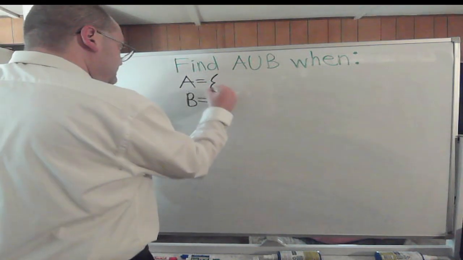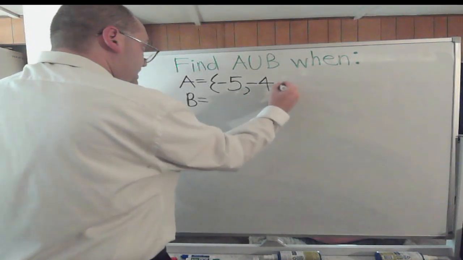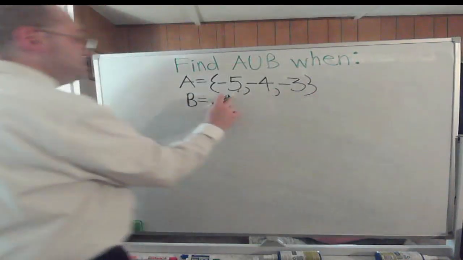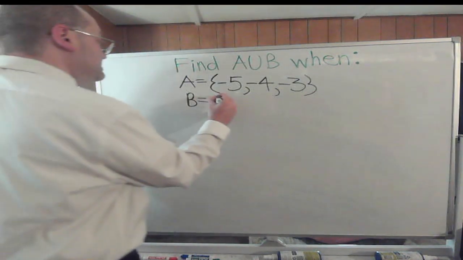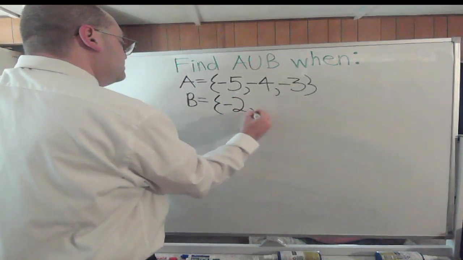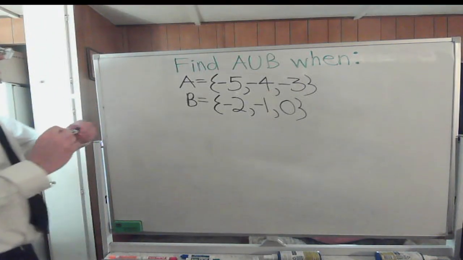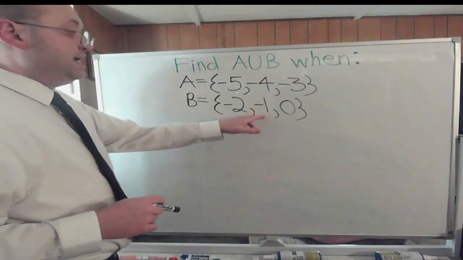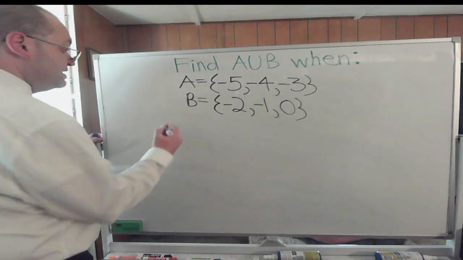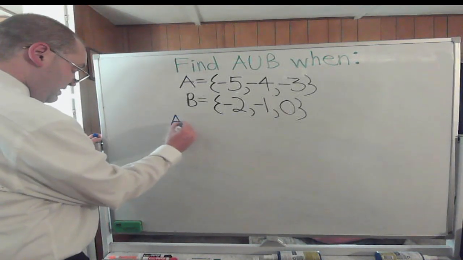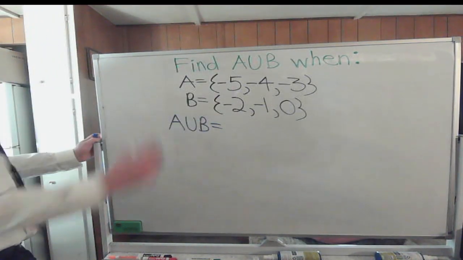Set A has the set of -5, -4, and -3. So that's set A, -5, -4, -3. Set B is going to be -2, -1, and 0. So set B has the set of -2, -1, and 0. Well, we still want to find the set of A in union with B. Since it's a union, we're just combining both sets together.